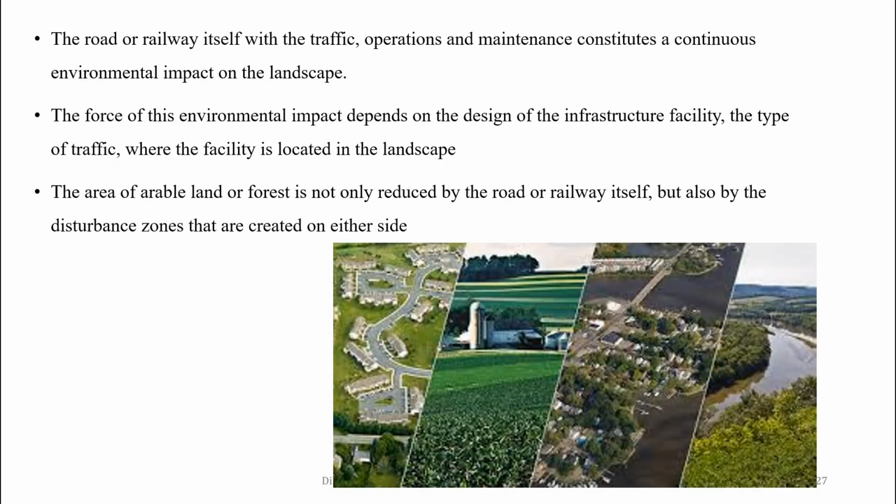We can see many roads or railways themselves with the traffic operation and maintenance constitute a continuous environmental impact on landscapes. The force of this environmental impact depends on the design of the infrastructure facility, the type of traffic, and where the facility is located in the landscape. The area of arable land or forest is not only reduced by the road or railway itself, but also by the disturbance zones that are created on either side.